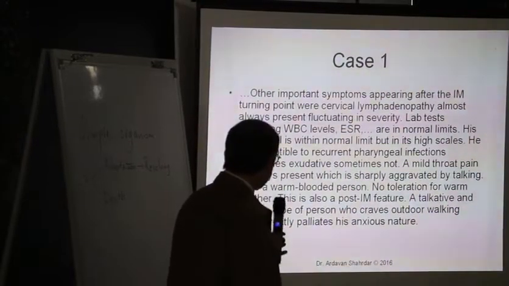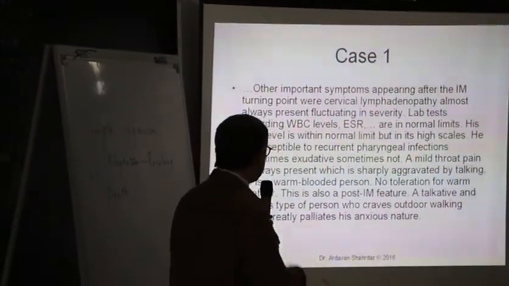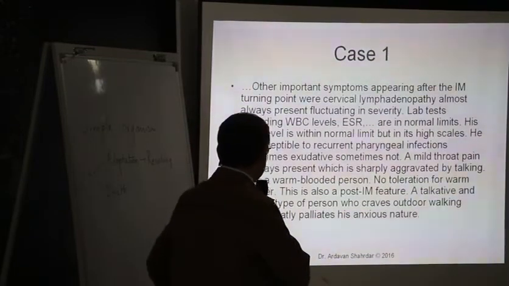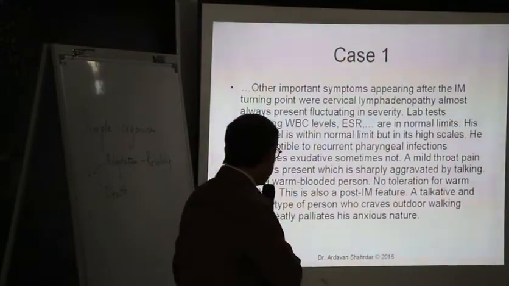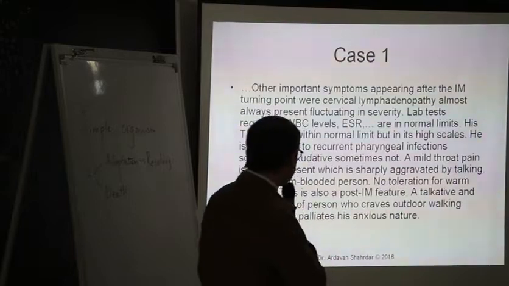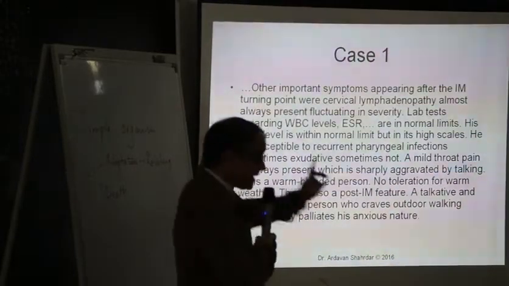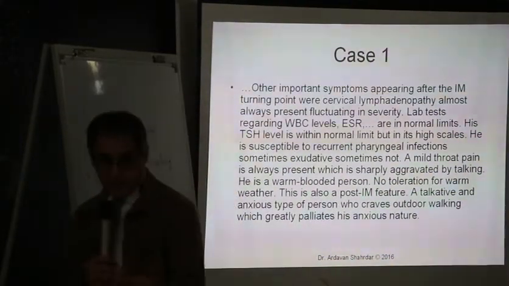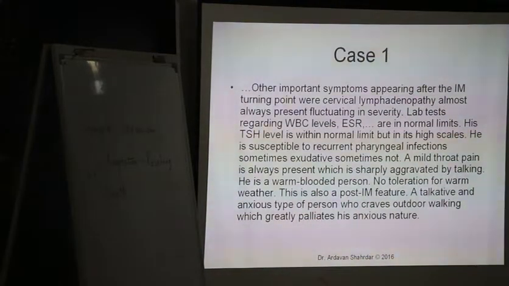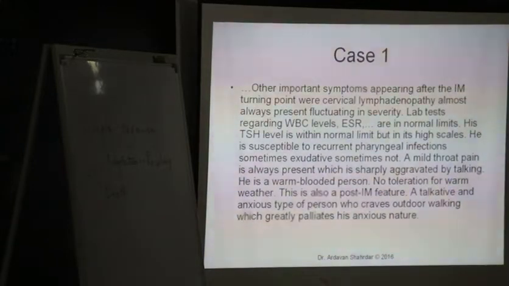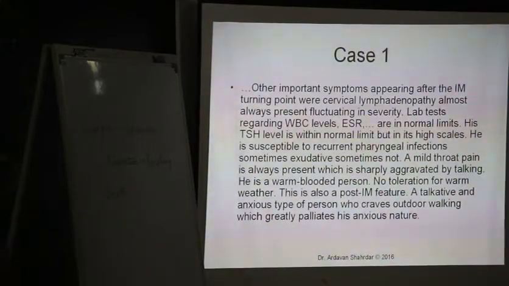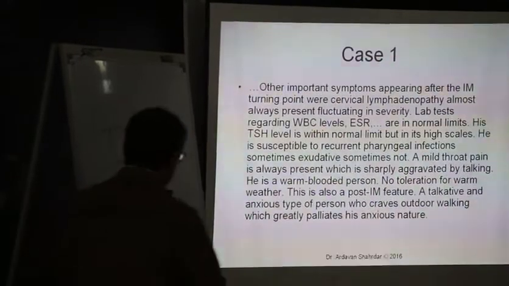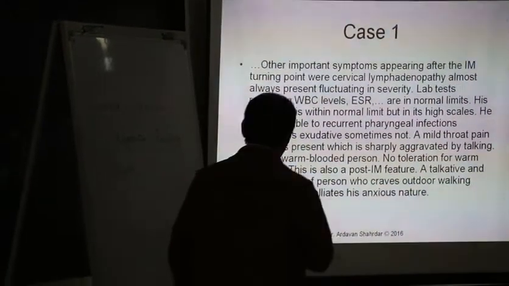3.5, 4. He is susceptible to recurrent pharyngeal infections, sometimes exudative, sometimes not. It means that after that IM, he has experienced many attacks of normal infections, for pharyngeal infections, not necessarily streptococcal.